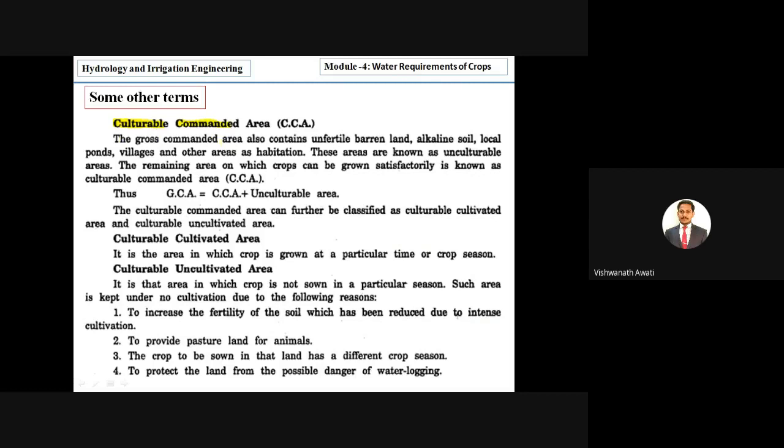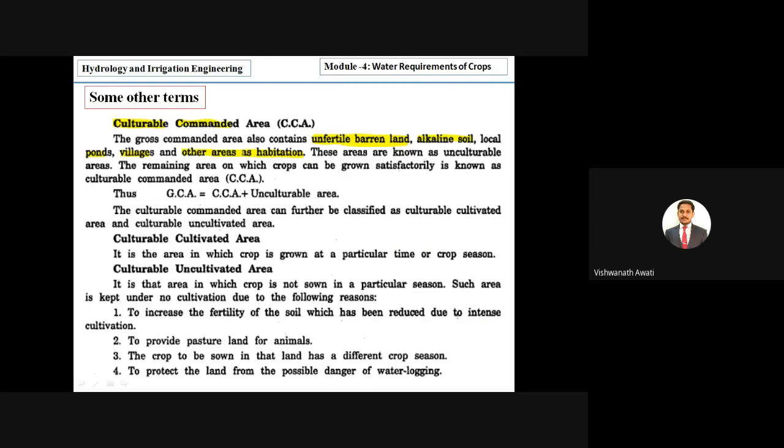The gross commanded area also contains unfertile barren lands. As I told, even though the area can be irrigated, the land is not good, not fertile for agriculture, or it is alkaline soil, local ponds, villages, other habitations used by human beings, or a forest.